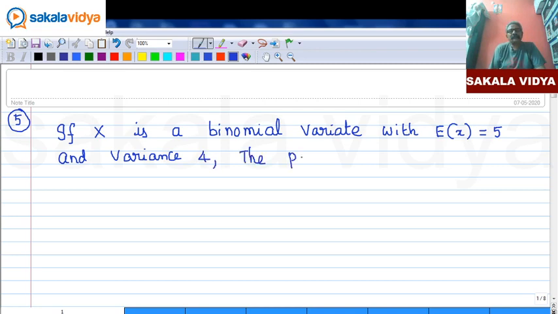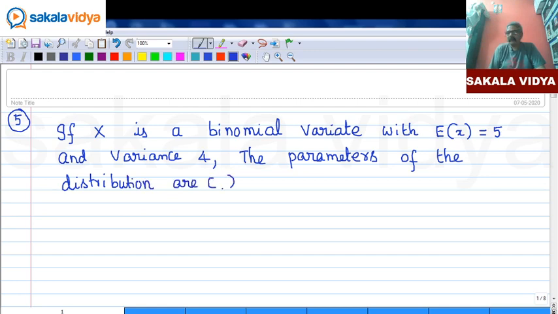The parameters of the distribution are: first option 1 by 4 comma 20, second option 1 by 5 comma 20, third option 25 comma 1 by 5, fourth option 1 by 25 comma 1 by 5.